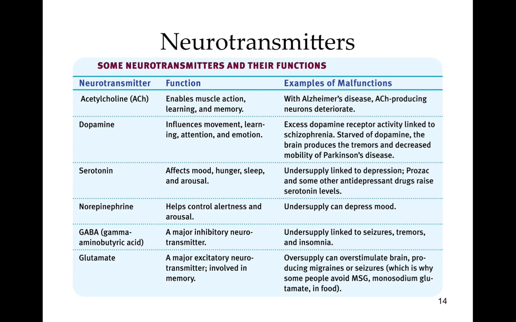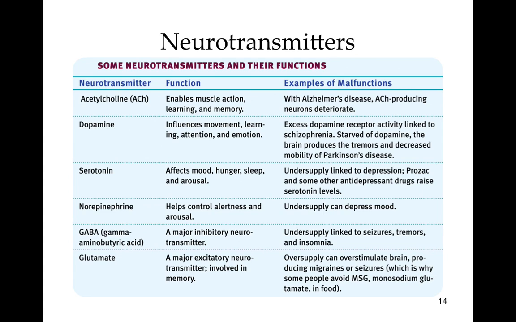Norepinephrine is very similar to epinephrine. We often hear of people who have allergies carrying an EpiPen, and norepinephrine and epinephrine elevate arousal and alertness. I shouldn't say mood, actually. That's more serotonin, but it can help give you that readiness feeling, like you're ready to go and take on whatever comes your way.